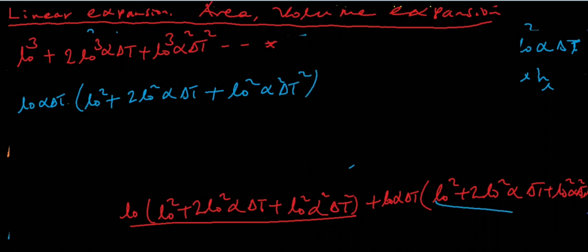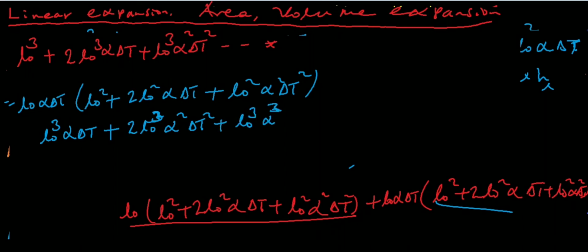This one is equal to L naught cube alpha change in temperature, plus this one is 2 L naught cube, sorry, alpha square change in temperature square, plus this one is L naught cube alpha cube change in temperature cube.